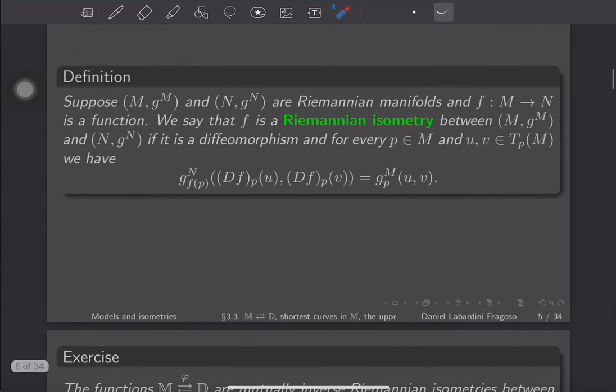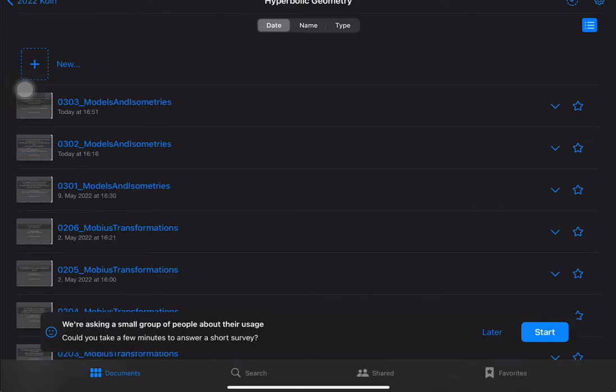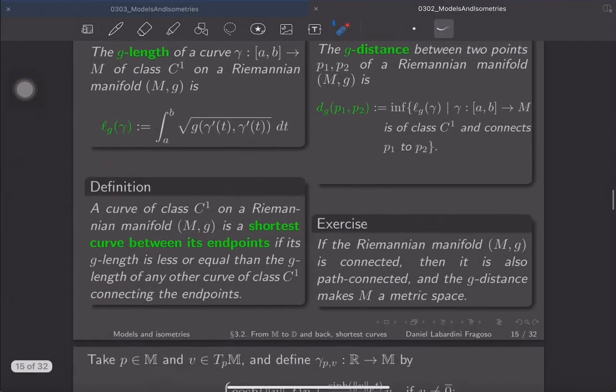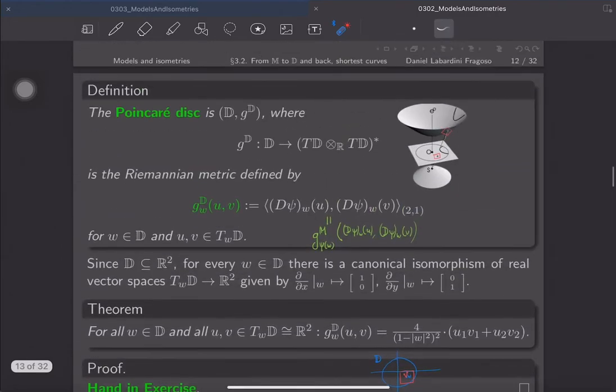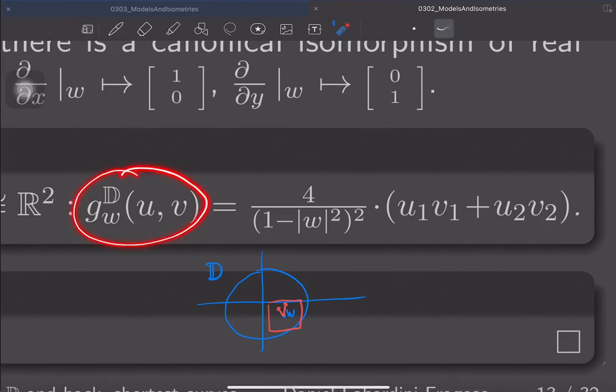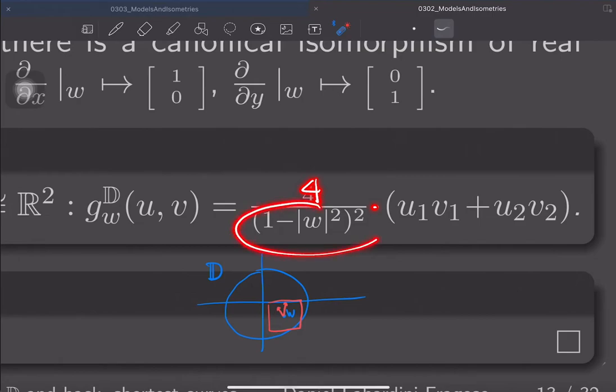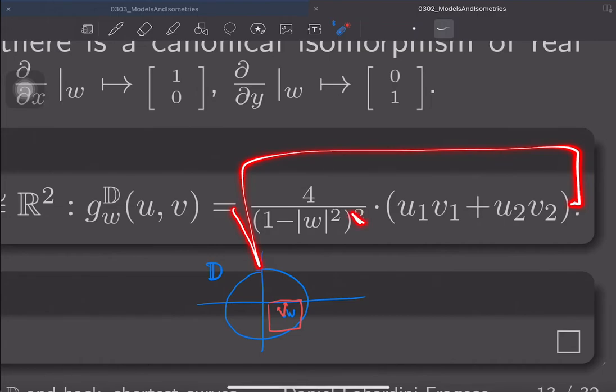I can revisit that formula if you want, so that it's not confusing. In the Poincare disk, the inner product of two vectors is the usual Euclidean inner product times 4 times something square. When I take the square root for the length, this square goes away, and what I obtain is just this 2. It should be 2 without this.